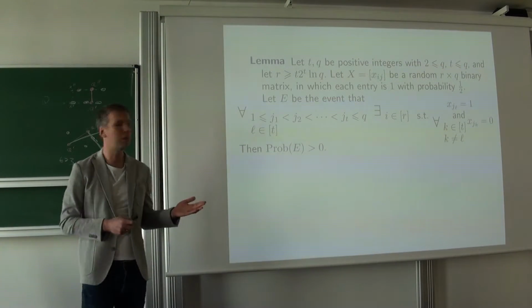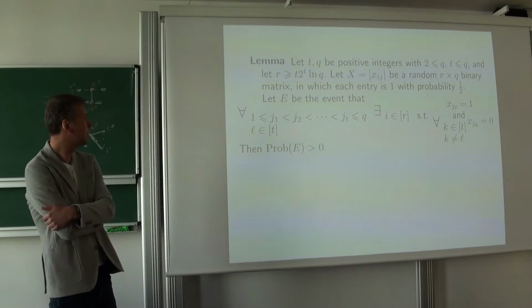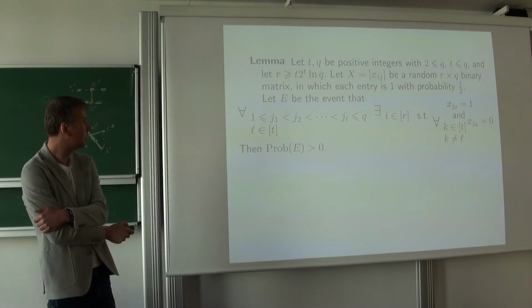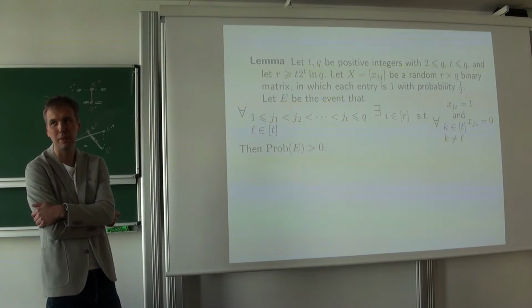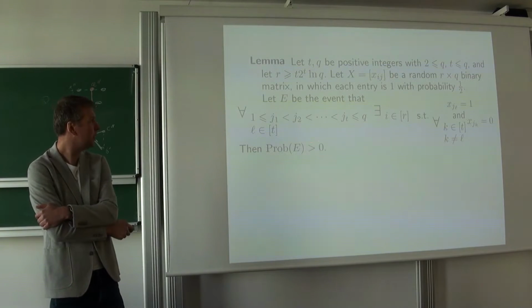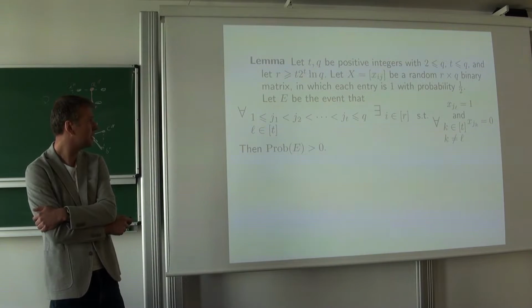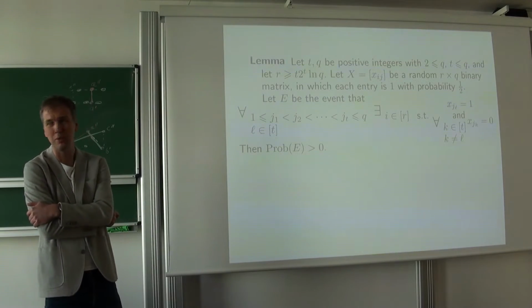So what is it about specifically? We are going to have Q and T. Q is the number of columns of our matrix, and R will be the number of rows. We claim that if the number of rows is at least this, it will do.